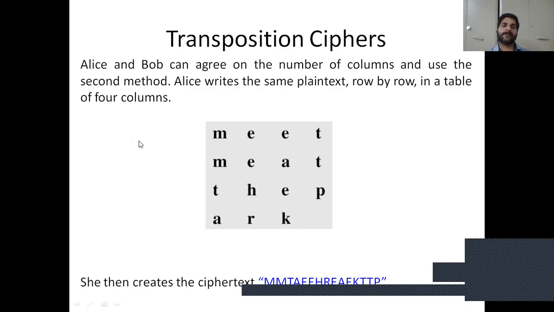So "meet me at the park" we can write in 4 columns: MEET, MEAT, THEP, ARK. Now we create the ciphertext column-wise: MMTAEEHREAEKTTP. So it is also a keyless transposition cipher.